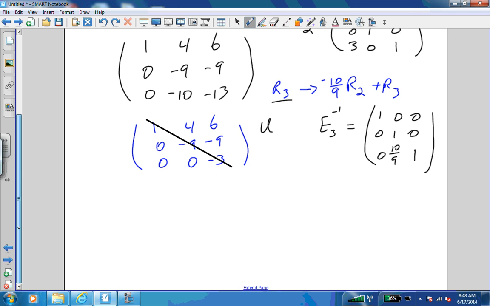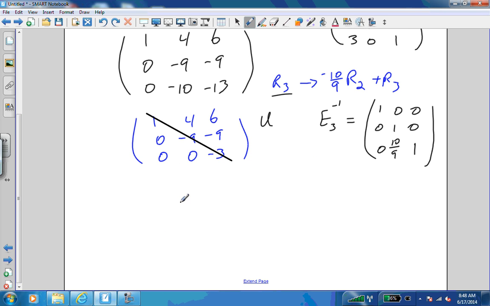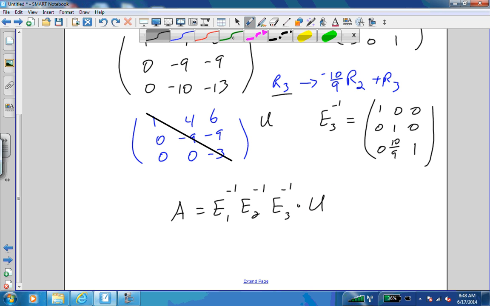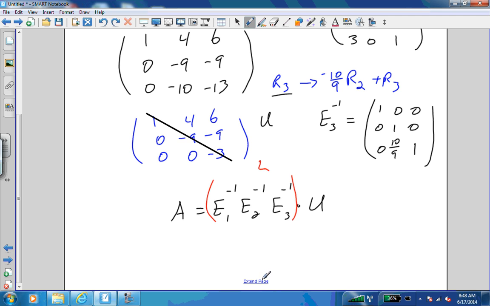So A we can get from taking the inverse of our first elementary times the inverse of our second elementary times the inverse of our third times our upper. And if we've done this correctly, when we multiply those together, that should give us our lower.